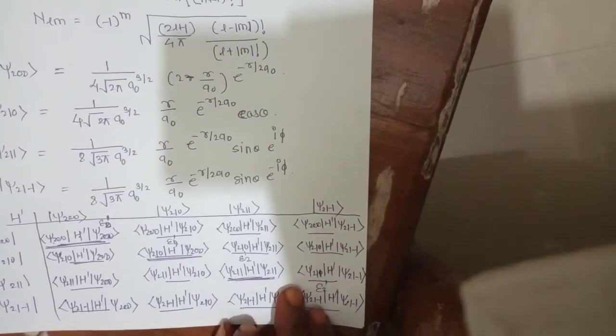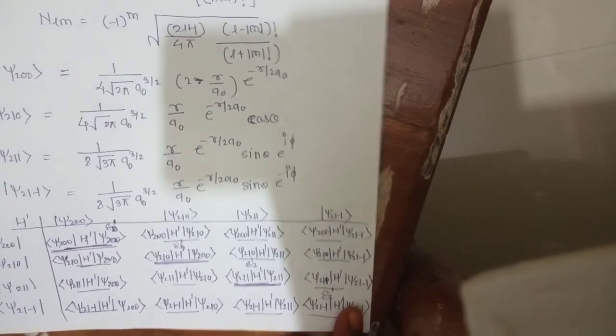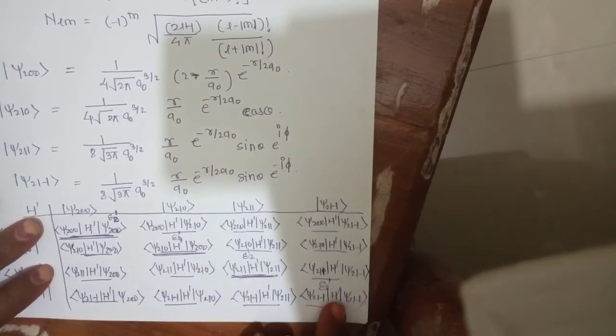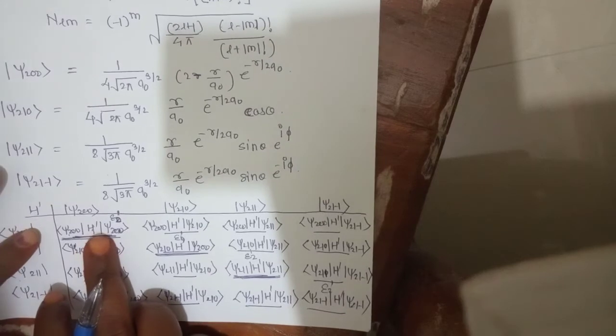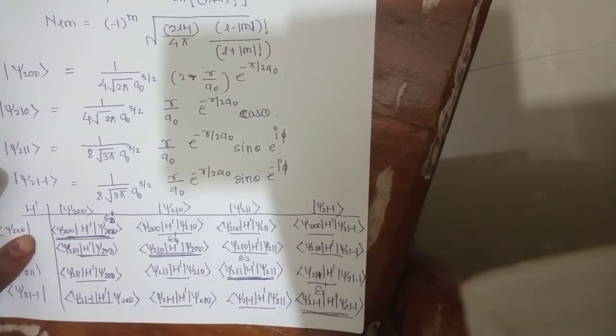Now the first order correction is 0. Okay, as we have seen in last class, first order correction is 0 means all the diagonal elements become 0.